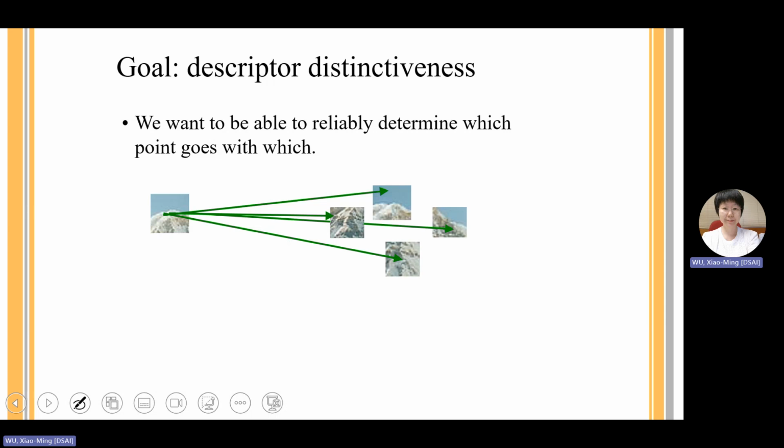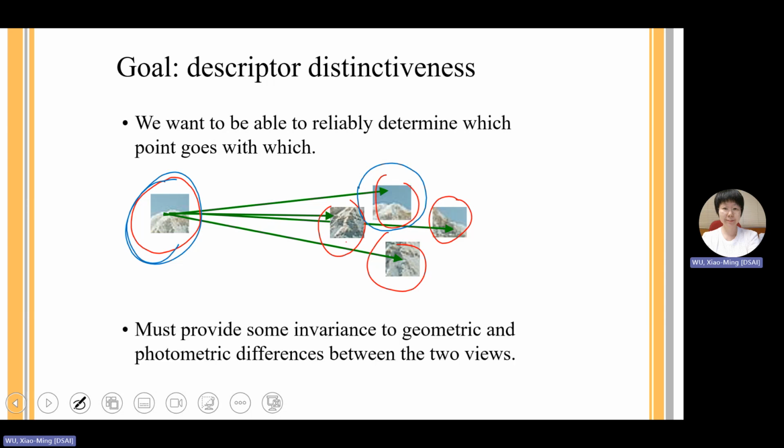If we're going to represent these little patches as vectors, then the four patches should be represented rather differently because their image contents are different. However, this image patch is similar to this one, so their representation should also be largely similar.